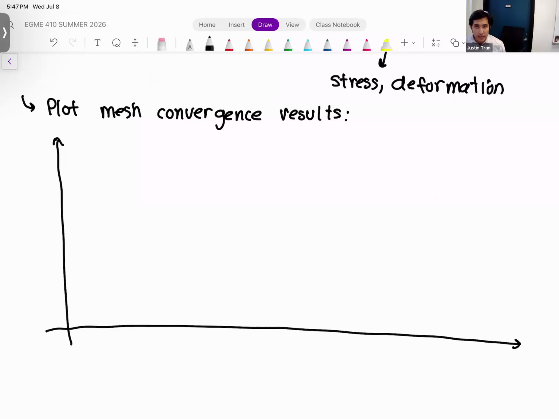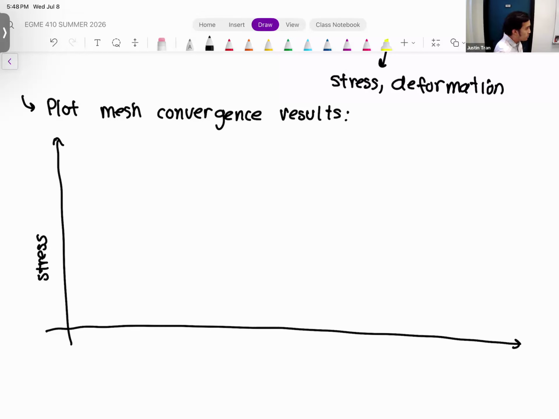On the vertical axis, you're going to put your recorded output value. Let's say we are recording the stress. And on the horizontal axis, we're going to put some metric that defines the refinement of the mesh itself. There are different ways to do this.